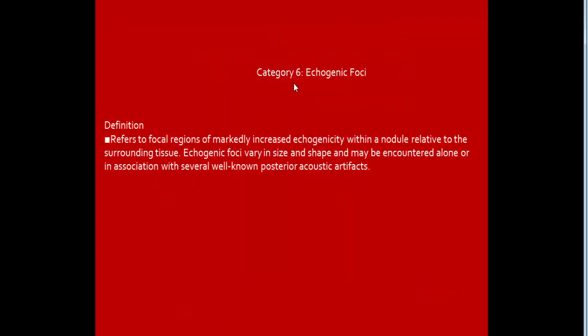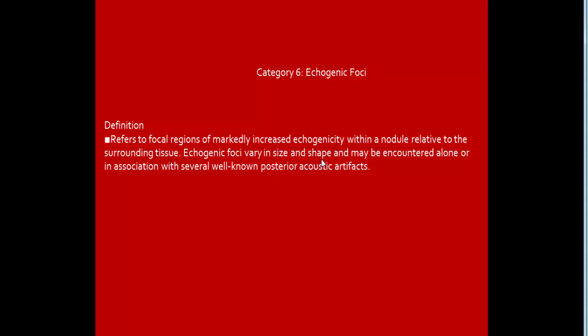Category 6, echogenic foci. This is where we talk about the thyroid nodule image lexicon. Echogenic foci, what does it mean? It refers to focal regions of markedly increased echogenicity within a nodule relative to the surrounding tissue.